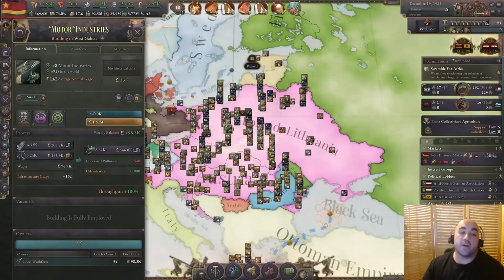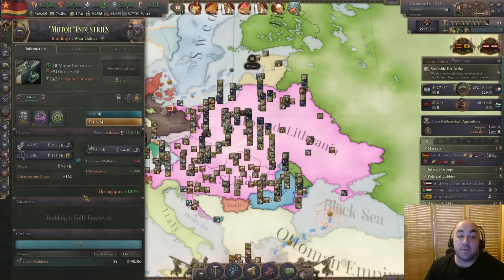So while there are some other uses for the spreadsheet, the primary one is for evaluating PMs, or production methods, and determining which one is best, because buildings, depending on which PM you're using, are going to generate value.